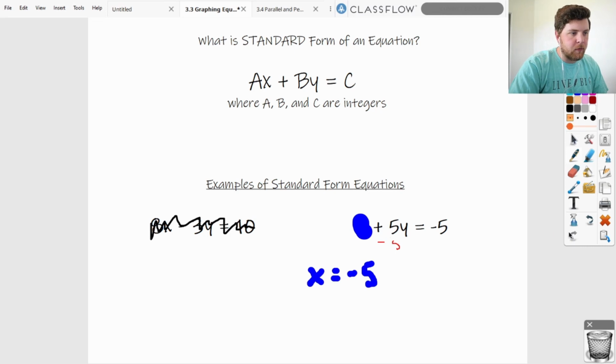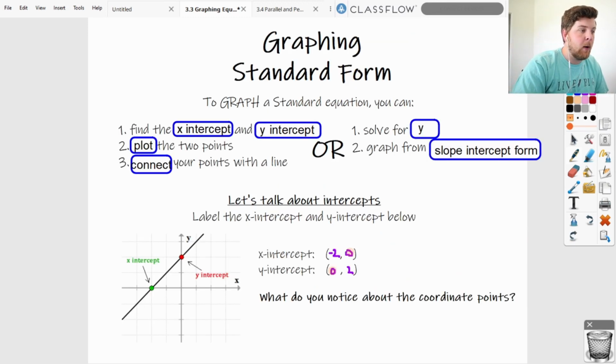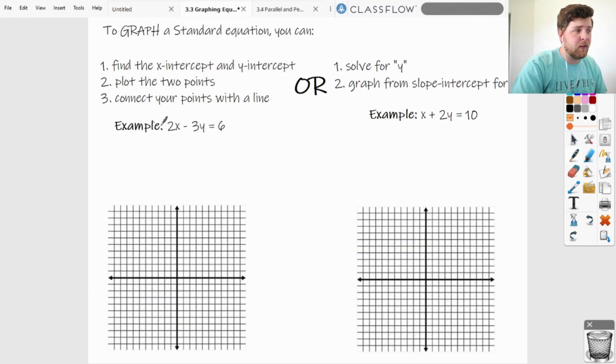I could divide by 5 because there's nothing over here. -5 divided by 5, I would get y is equal to -1. So my y-intercept would be -1. My x-intercept would be -5. I could go graph those 2 points and connect them. I wanted to show you guys that before we actually did this example here.